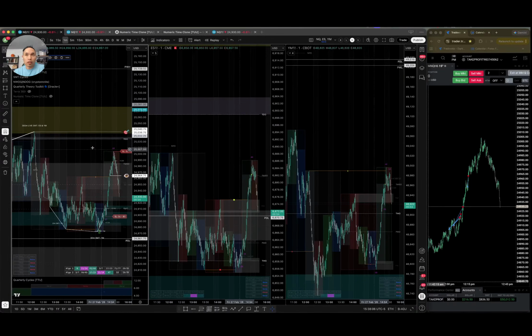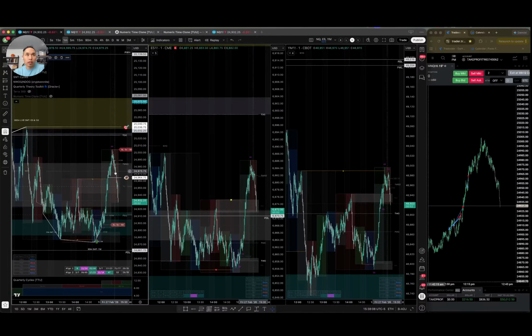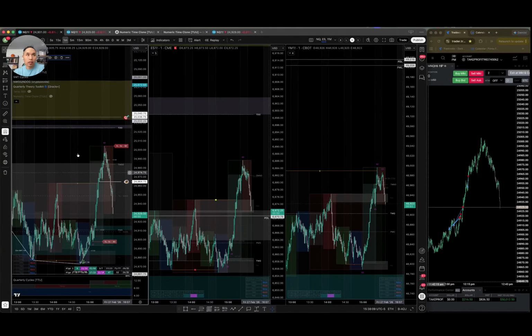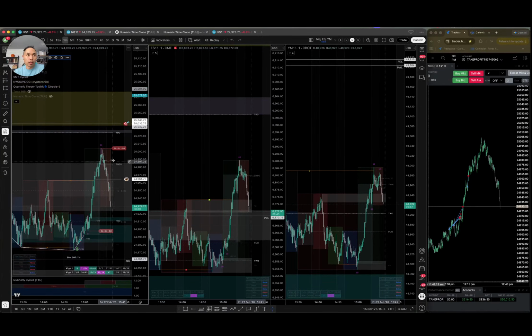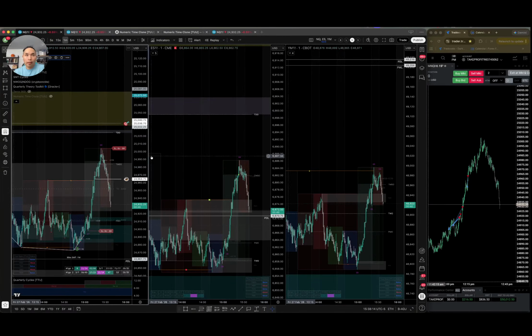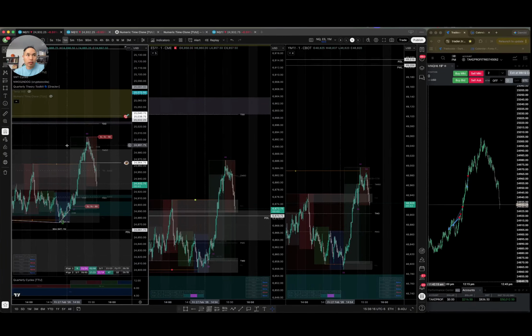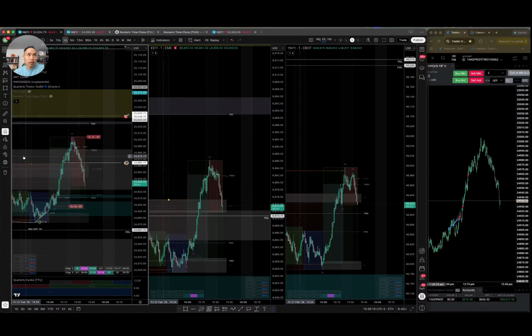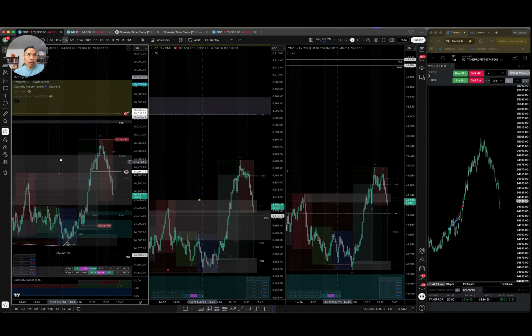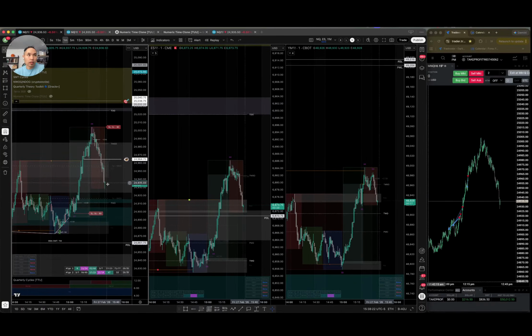Why I put this high, could be the manipulation leg there. Yeah, I think red is at least down here.